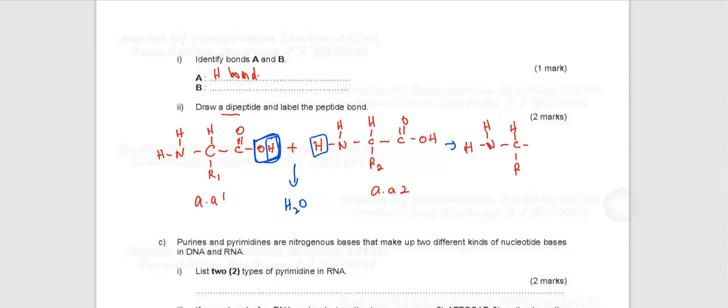So carbon from the carboxyl group is bonded to oxygen. Because you have removed the hydroxyl group, the carbon will be bonded to the nitrogen of the next amino acid. So the nitrogen will be bonded to the hydrogen atom. Okay, carbon.